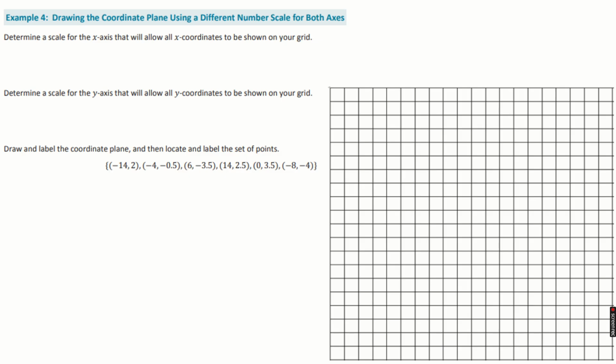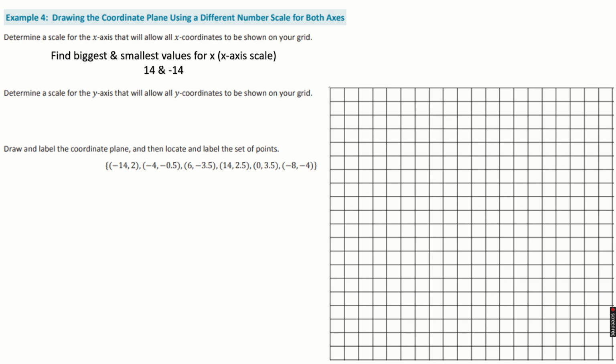And this example here says we're going to use different number scales for both axes. So determine a scale for the x-axis that will allow all x coordinates to be shown on your grid. What we want to do is find the biggest and the smallest values for my x, and that'll be my x-axis scale. From what I can see, these numbers down below, I have a -14, a -4, a 6, a 14, a 0, and a -8. So my biggest is a 14, and my smallest is a -14.